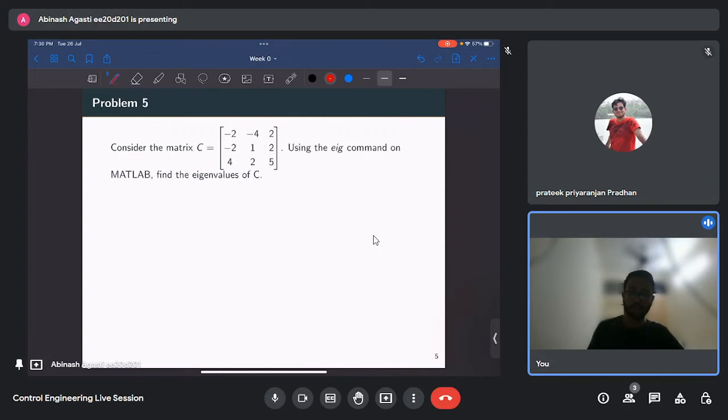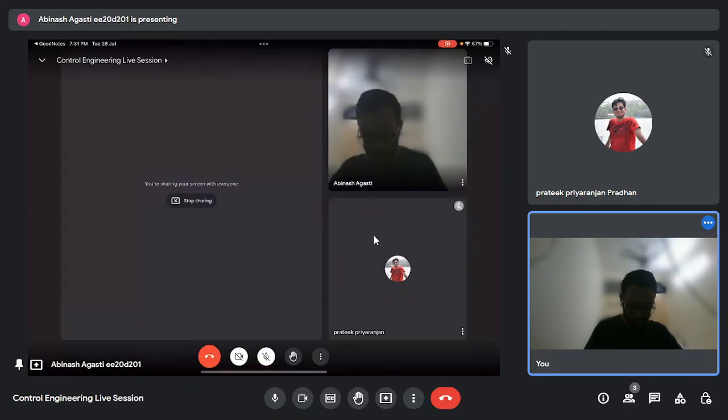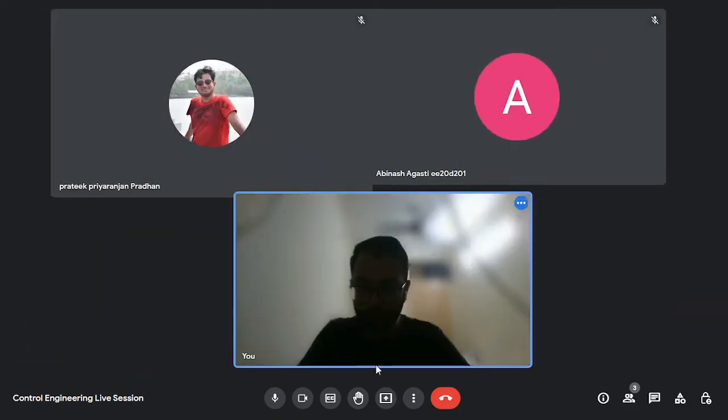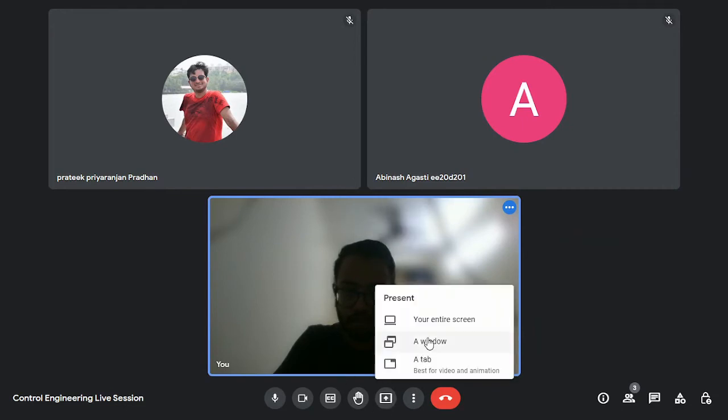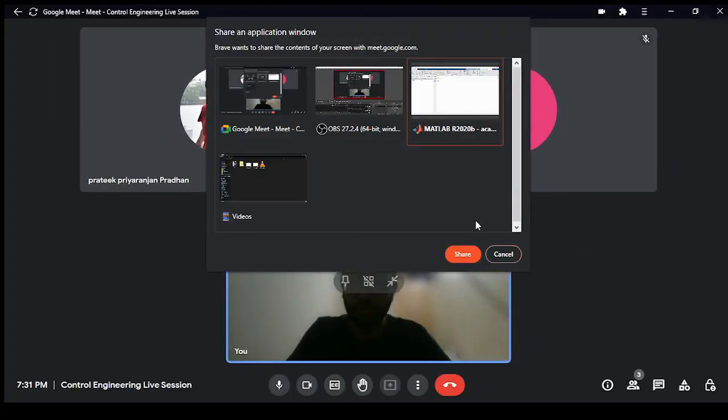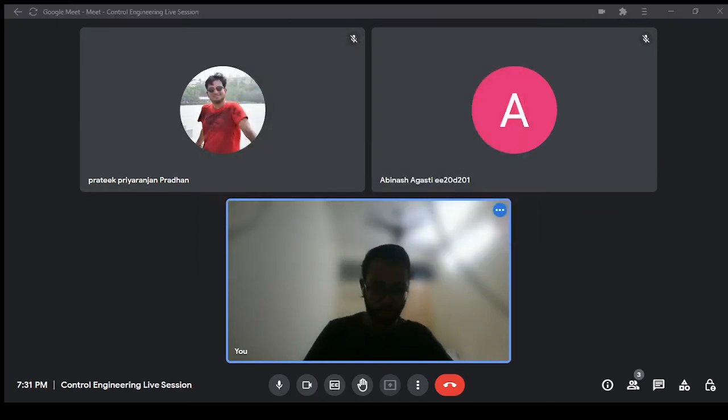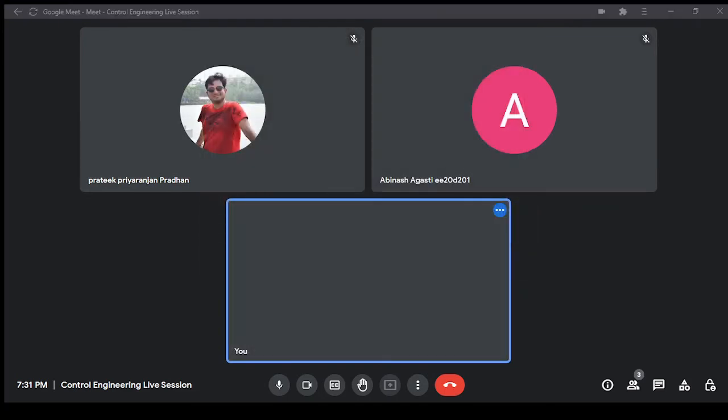Yes. So for this question, we want to find the eigenvalues of a matrix using MATLAB. So I'll stop sharing this note screen. So I hope the MATLAB screen is visible.